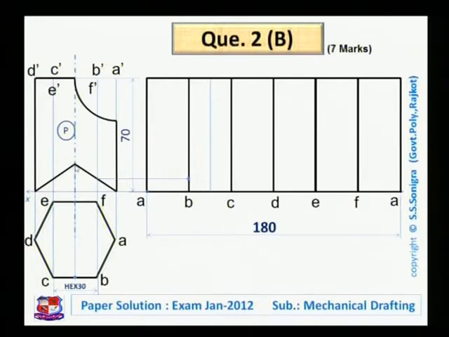Here this edge is there, this is the point. How to locate the position of this point in developed portion? So for that, from this point draw a vertical line that will cut this hexagon at 2 points, in between E and F here and in between B and C here. This would be the midpoint of BC. So find out midpoint of BC over here, and from that point draw a vertical line.